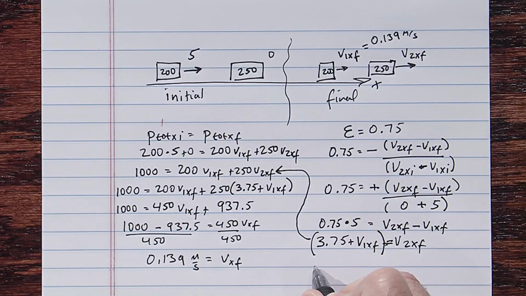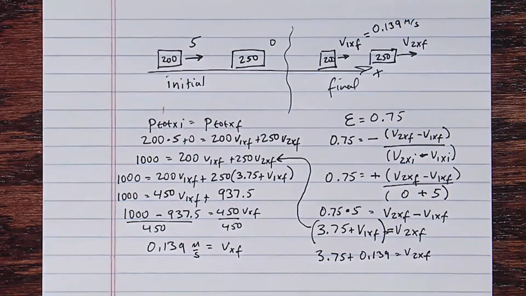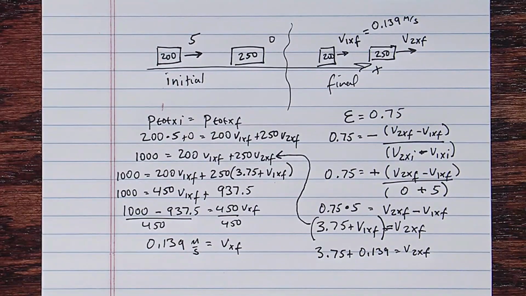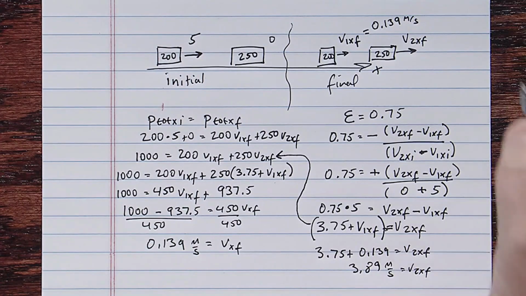And V2x final is 3.75 plus 0.139, which is going to be 3.89. 3.89 meters per second is V2x final.